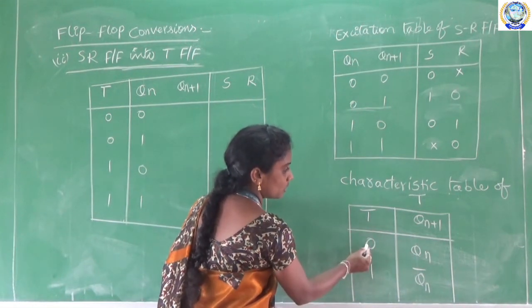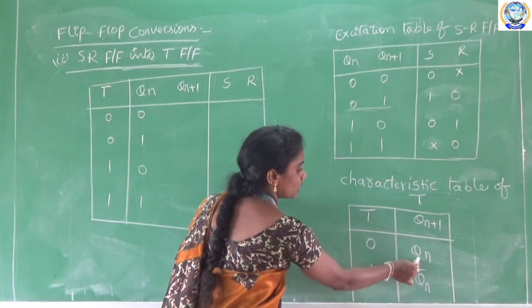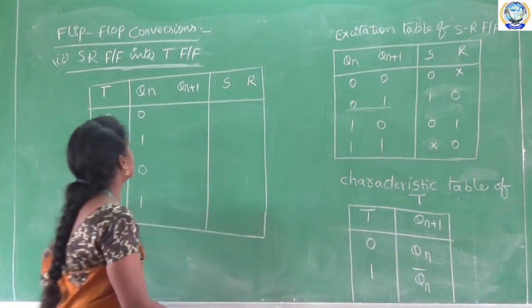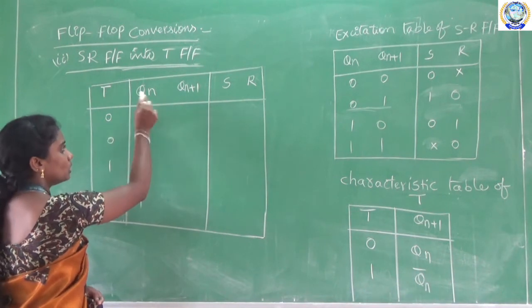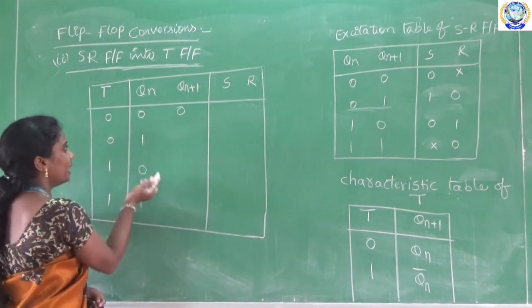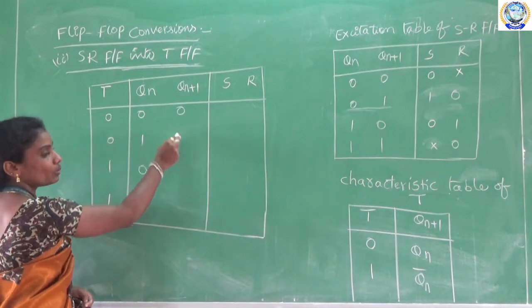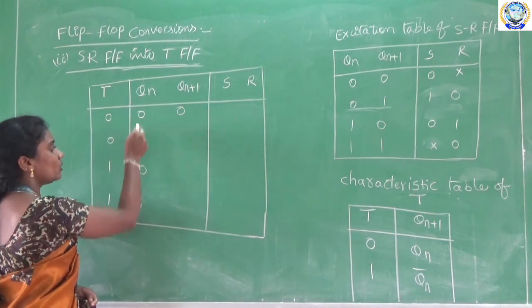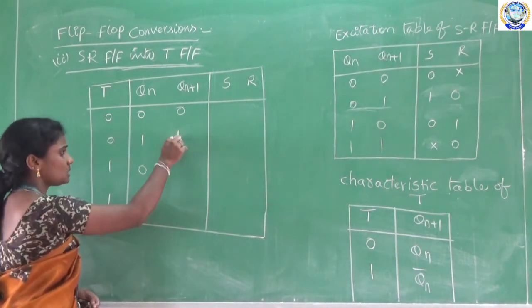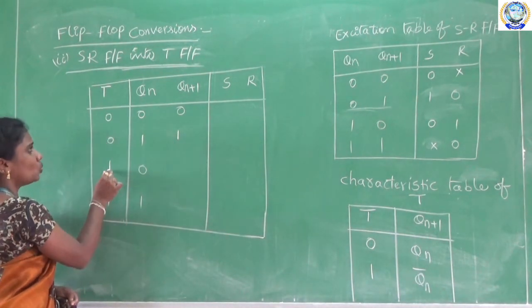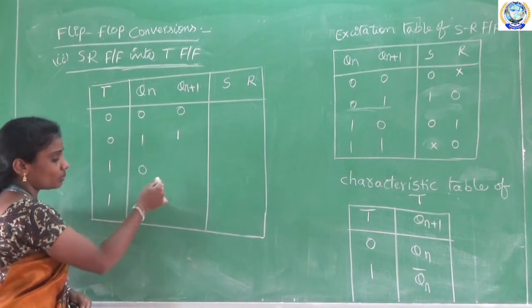When T equal to 0, the next state Qn plus 1 equal to Qn. So here, when T equal to 0, Qn plus 1 equal to Qn, that is 0. Again, when T equal to 0, Qn plus 1 is Qn. So here the Qn value is 1, so here it is equal to 1. Similarly, when T equal to 1, what is the next state, Qn plus 1?